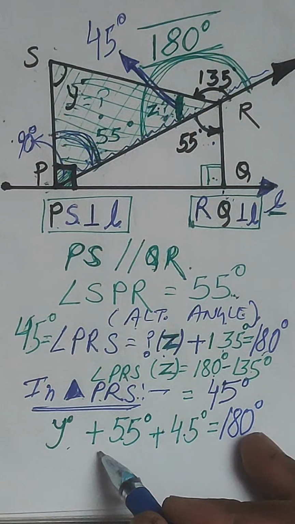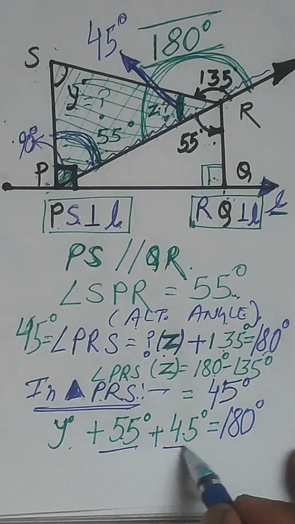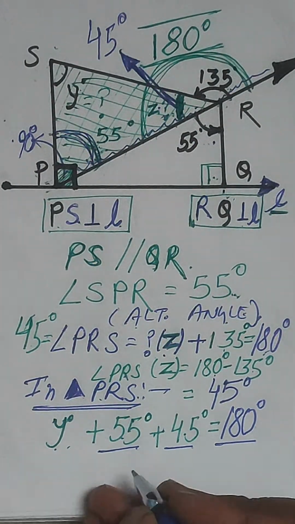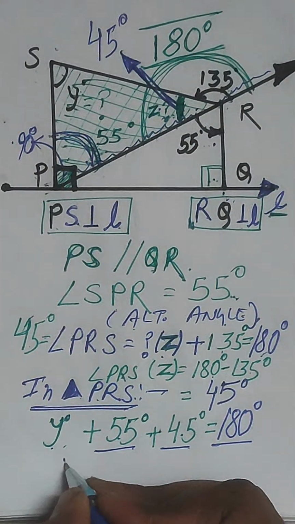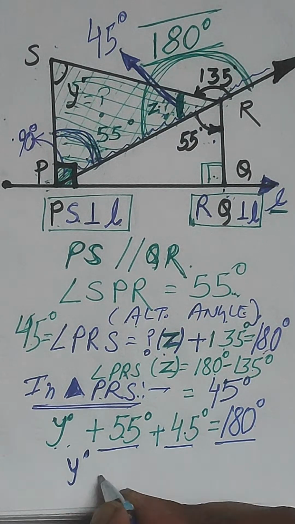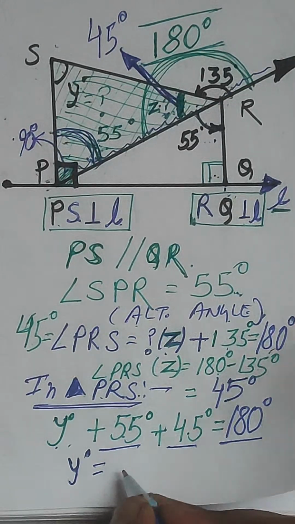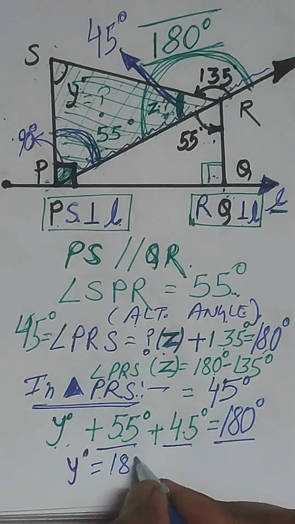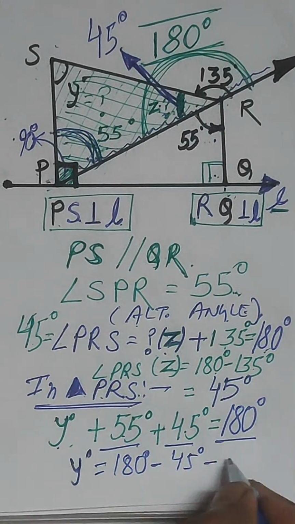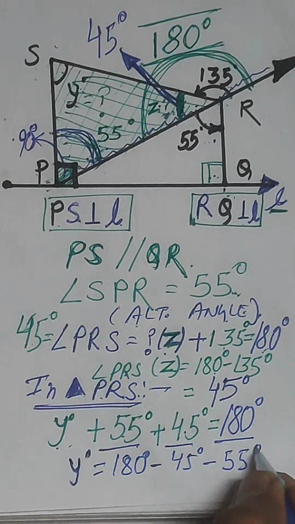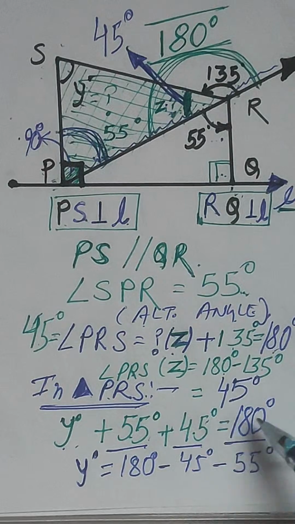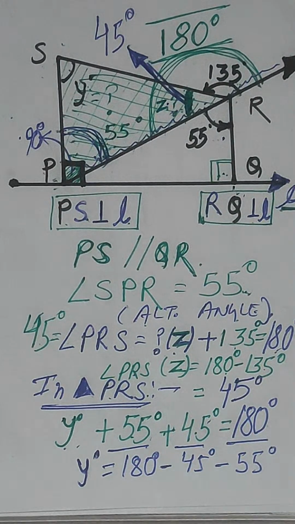Now you know all the numbers here, here, here, except this y, right? So easily you can calculate this y. Y can be calculated as 180 degrees minus 45 minus 55, isn't it? Because this 55 and 45 go into the RHS.